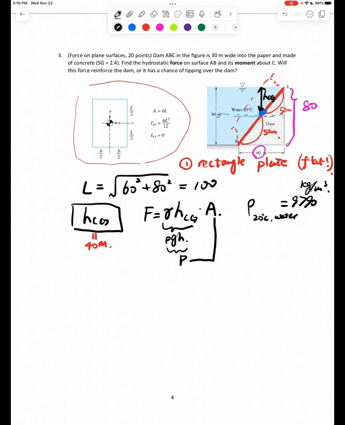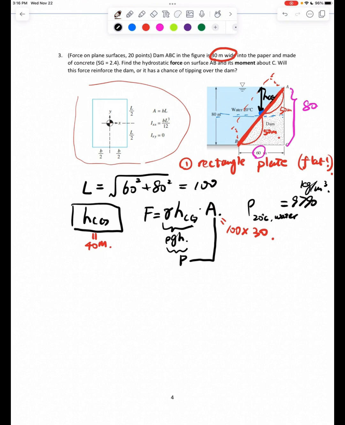So how about your A? We have calculated this length. This length equals 100 meters, right? So your A should equal 100 multiplied by, and we said it is 30 meters wide into the paper, so 100 multiplied by 30.